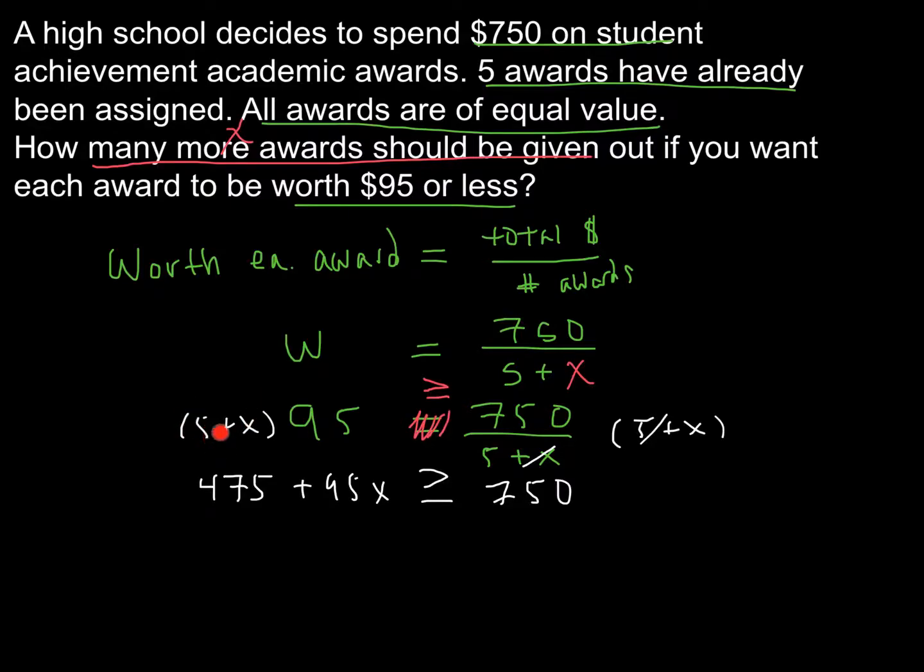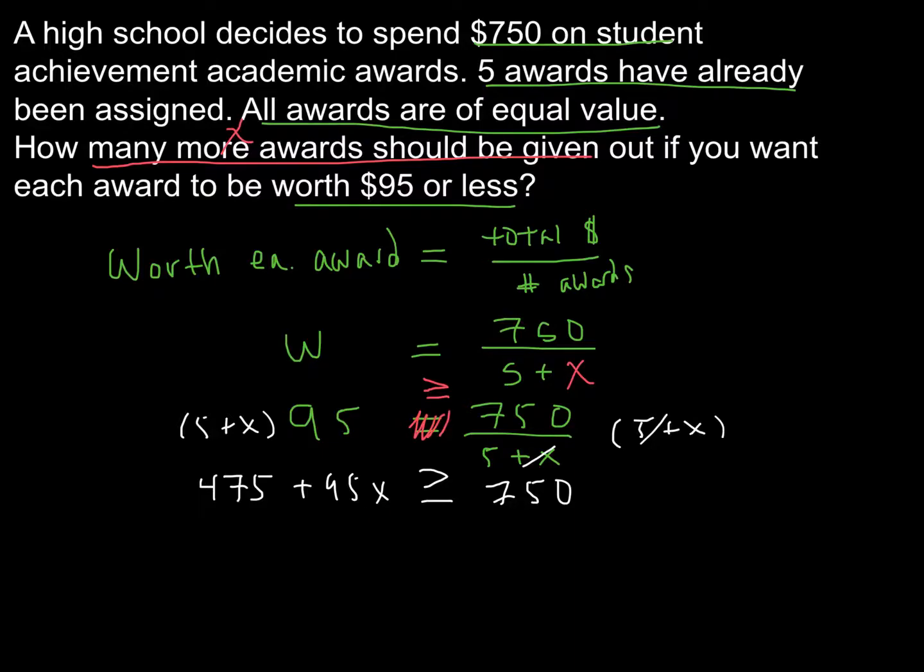I'm taking the total number of awards, multiplying it by 95, and that's got to be greater than this total 750. That will allow for each award to be less than the $95. Okay?